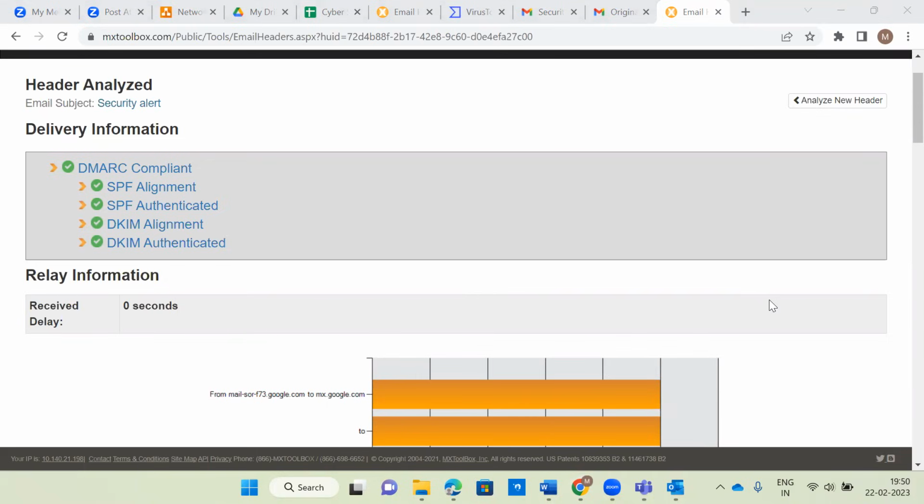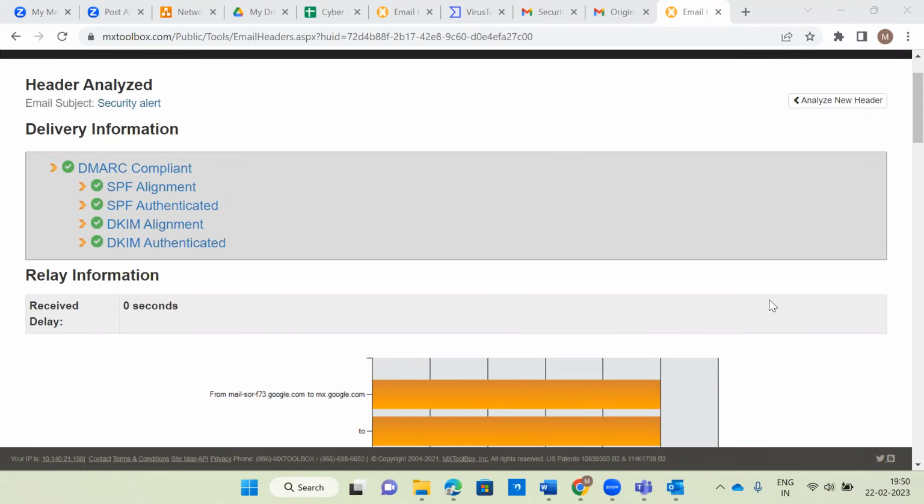They keep their signature database up to date. That is the reason whenever you copy and paste here, it will pull and match the existing signatures and give the results, whether it passed or failed. According to this manual investigation, we can conclude whether it is a phishing email or not.